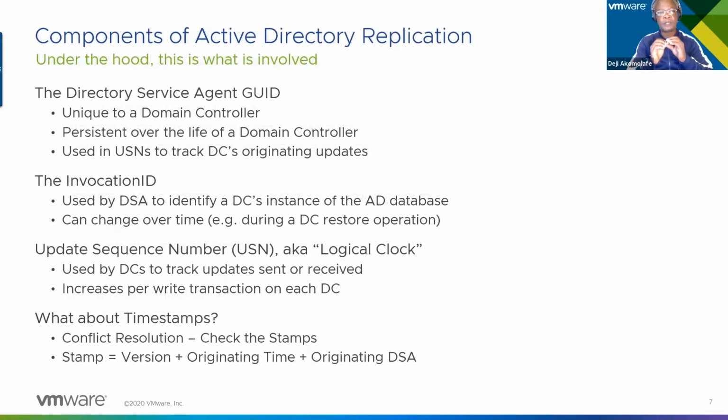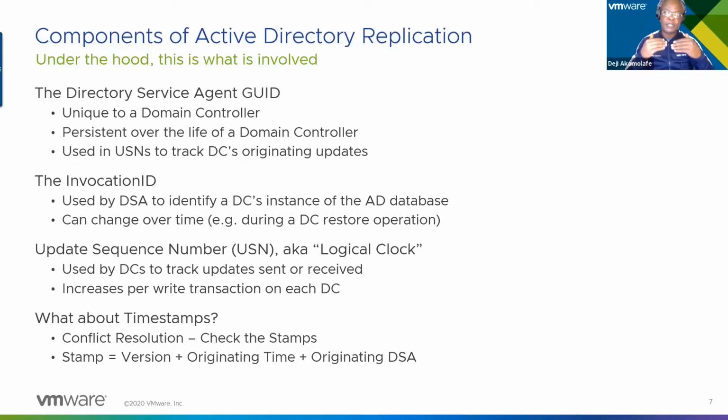Under the hood, the replication flow works like this. It requires 4 distinct elements: the directory services agent GUID, the DSA GUID, which is unique to a domain controller, persistent over the life of that domain controller, and it's used in the USN, update sequence number, to track the domain controller that's originating an update, a change, or a write.